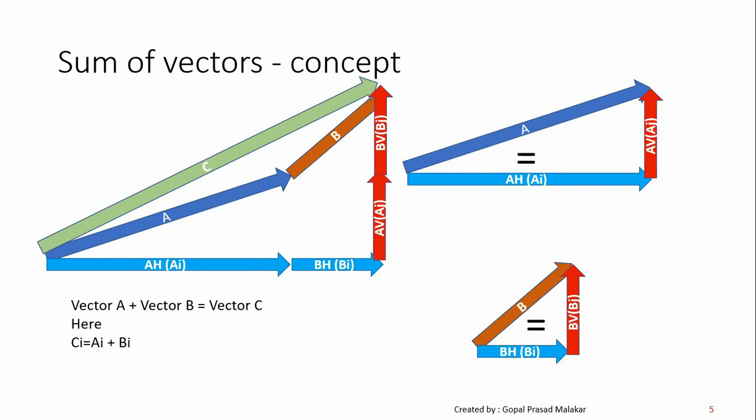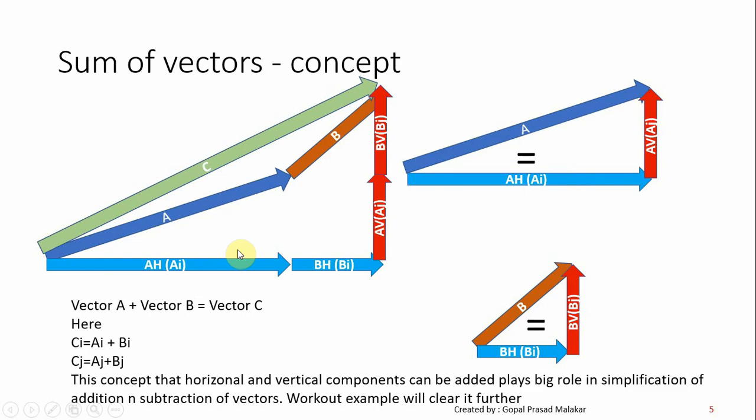And the vertical component of vector C will be Aj plus Bj. This concept, that you can add the horizontal components of both vectors and the vertical components of both vectors, plays a big role in simplifying addition and subtraction of vectors. The workout example will make it much clearer, which I am going to show you further.